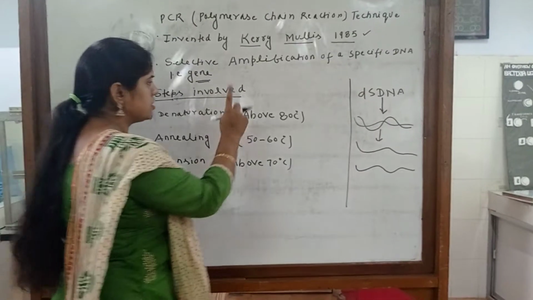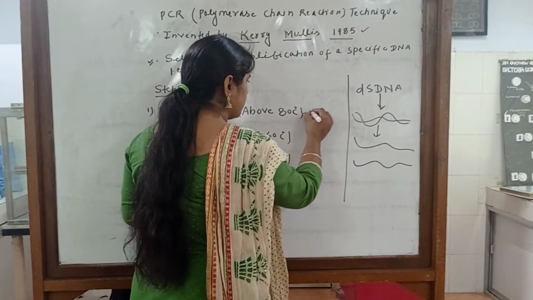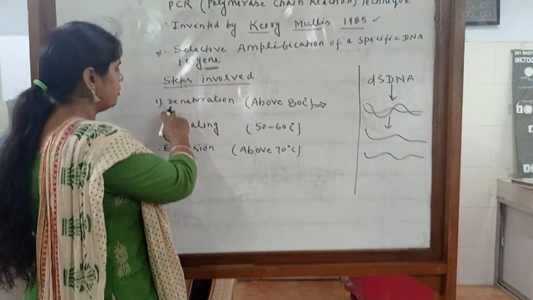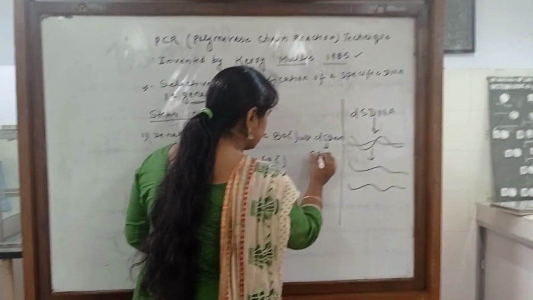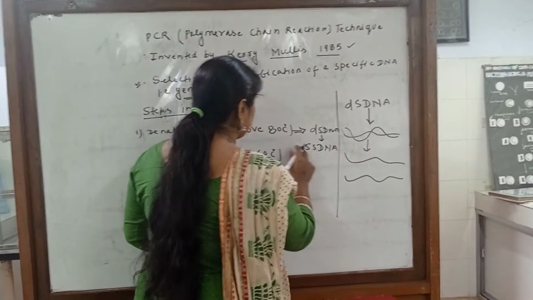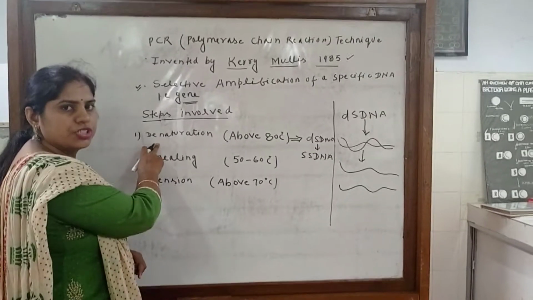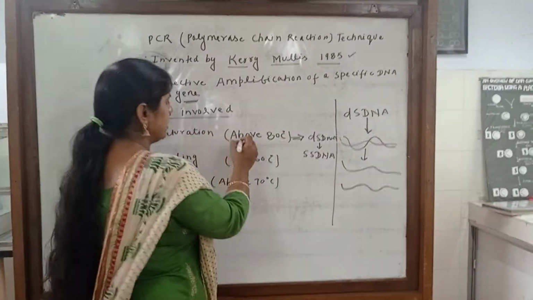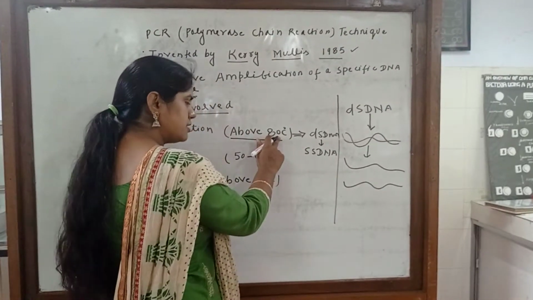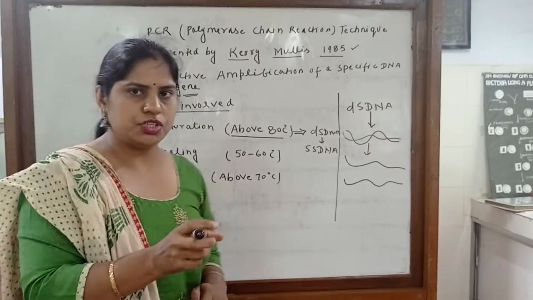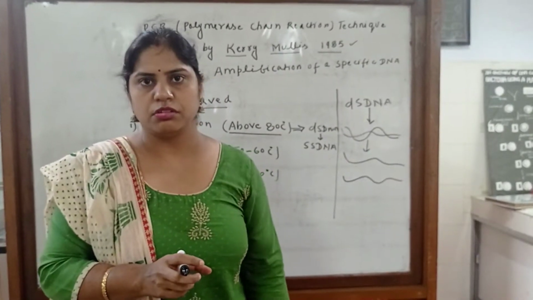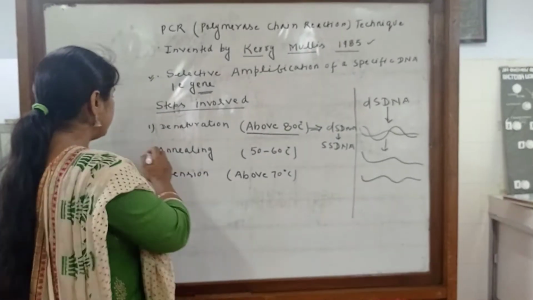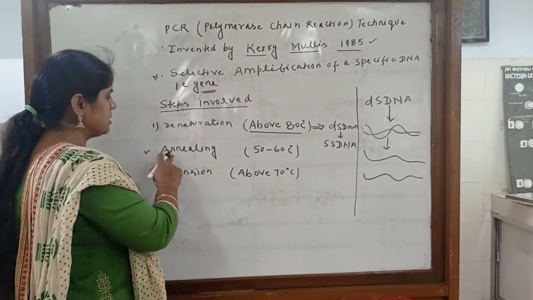In lab conditions we convert double-stranded DNA into single-stranded DNA through the denaturation step. In your NCERT, 80 degree centigrade is given, but in real conditions we can use 95 degree centigrade.